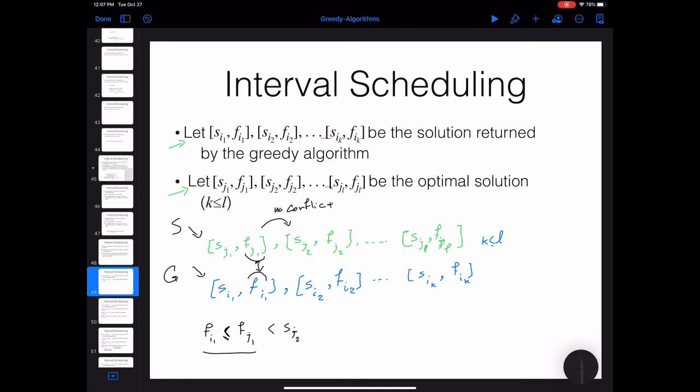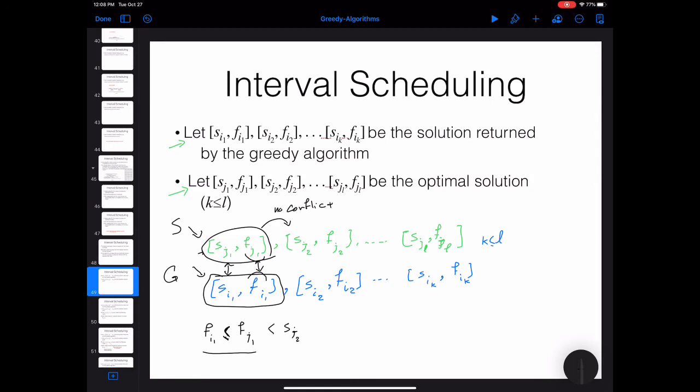So if the first job in the optimal answer is different than the job the greedy solution has taken, I can claim that without any conflict, I can just replace this job with this job.